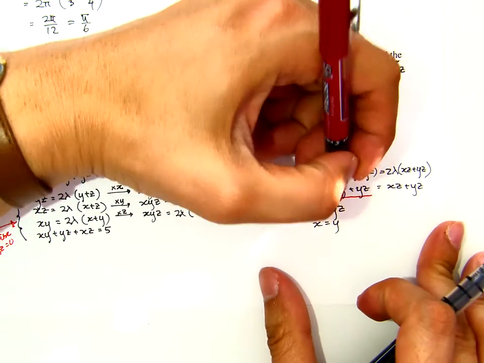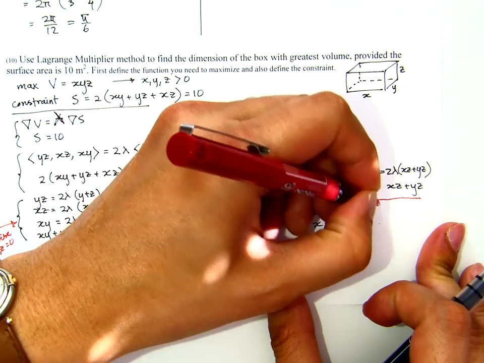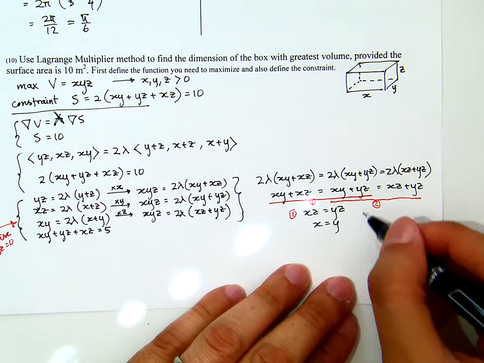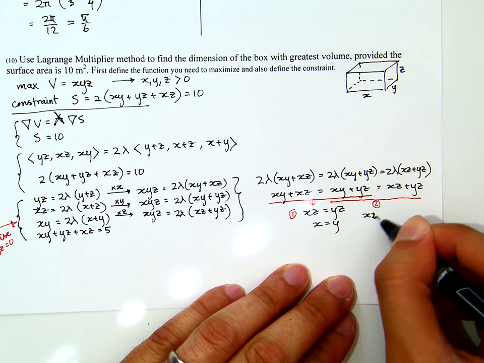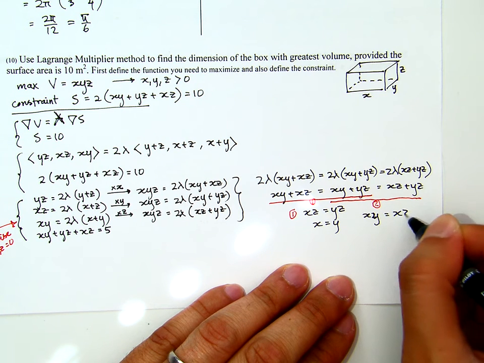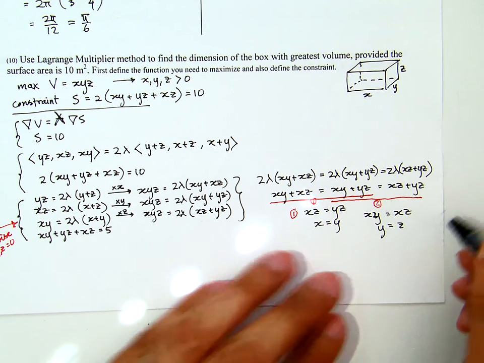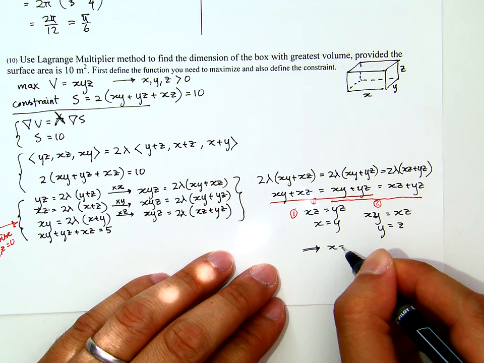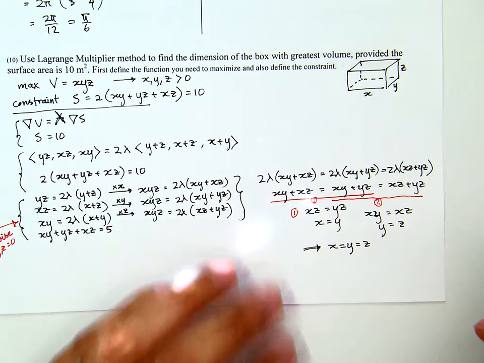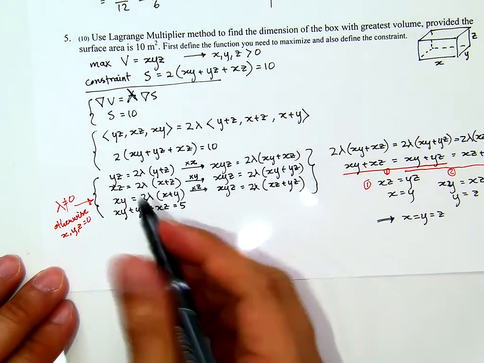Now from the second equation, xy equals xz, and because x is not 0, y equals z. In other words, x equals y equals z, all of them the same value.